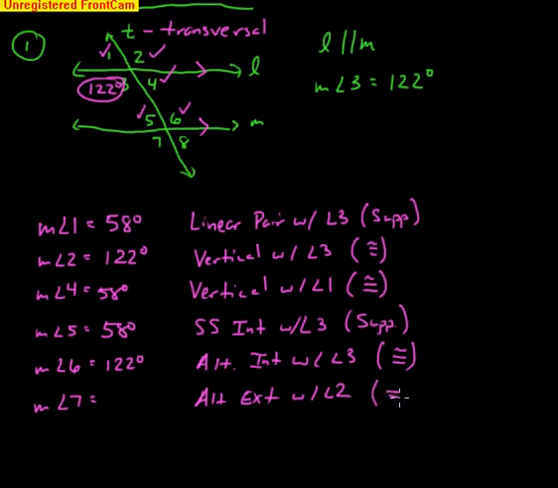If lines are parallel, which they are, alternate exterior angles are congruent. So the measure of angle 7 is the same as angle 2. Angle 2 is 122, so is angle 7. And then last but certainly not least, the measure of angle 8. I'm going to use the fact that 8 is corresponding with 4.